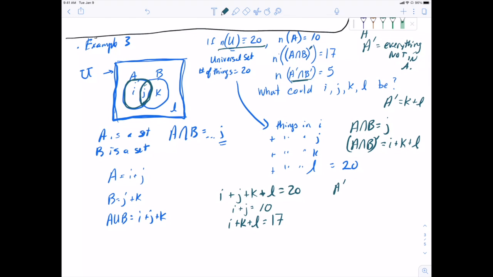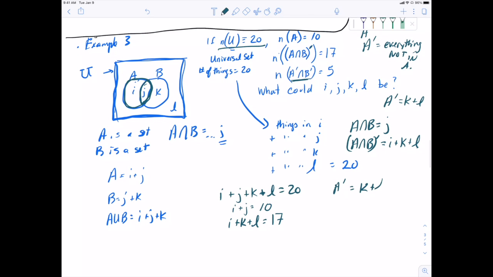A naught is equal, as we said, to K plus L. And everything not in B, so if this is B, everything not in B is I plus L, right?